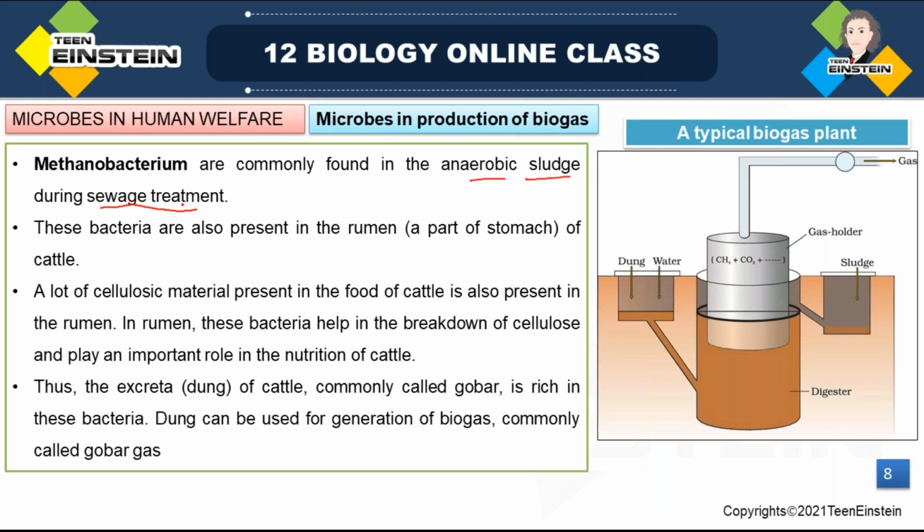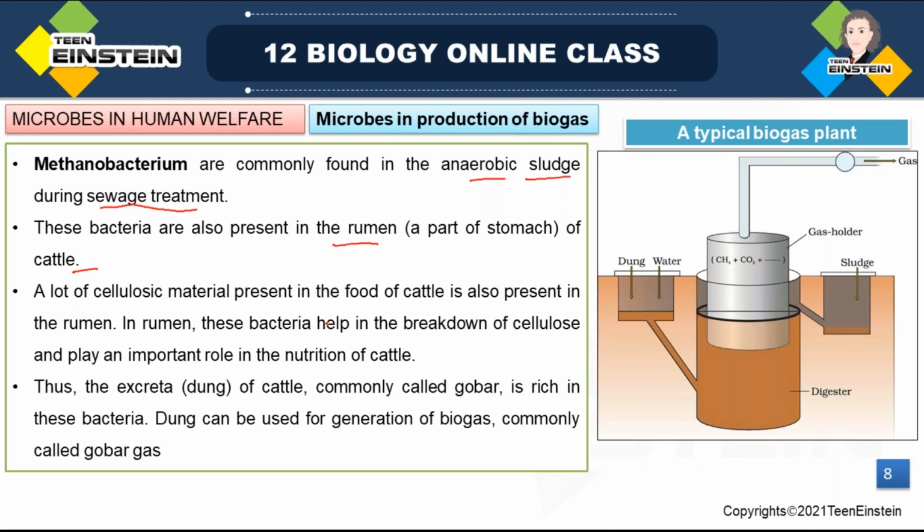So Methanobacterium is commonly seen during sewage treatment, and at the same time it is present in the rumen. Rumen means part of the stomach. In the cattle rumen also this is present. You know that they are eating grass, hay, and also a lot of cellulosic material.